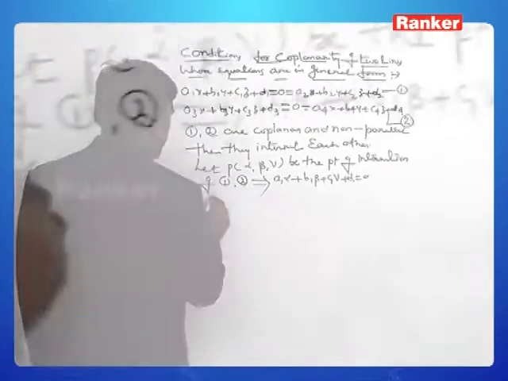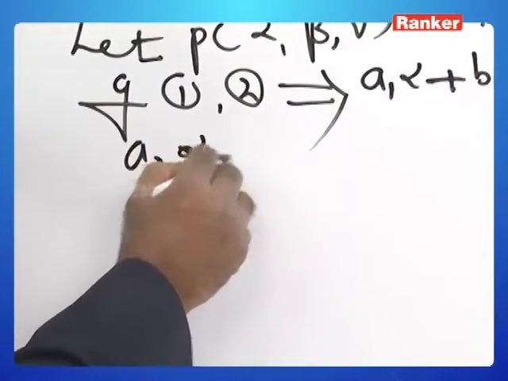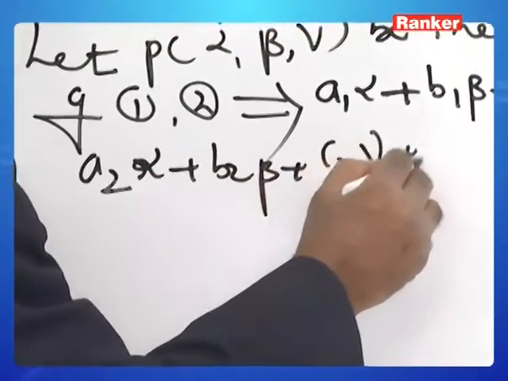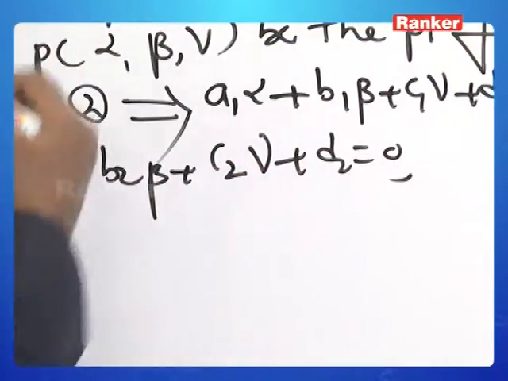Next, A2 alpha + B2 beta + C2 gamma + D2 = 0.